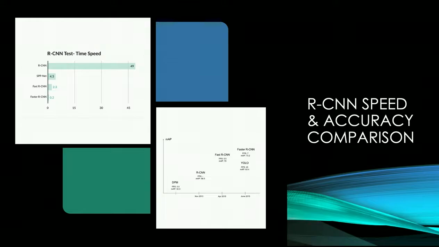And Faster R-CNN significantly improves latency to only about 0.2 seconds, and is also the most accurate algorithm shown on the right-hand side.